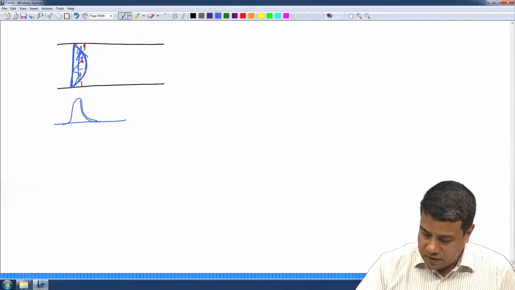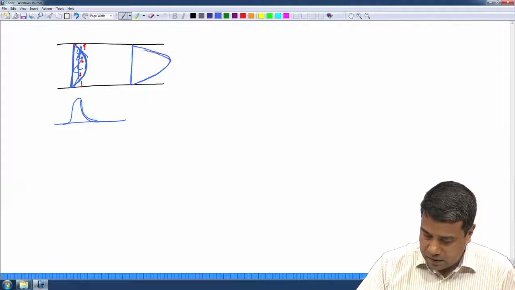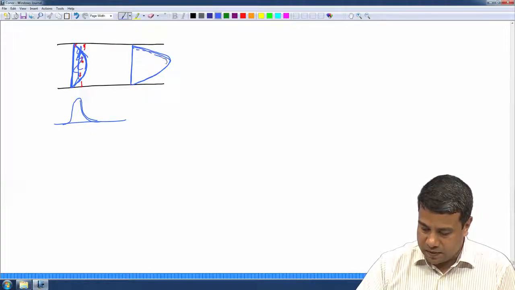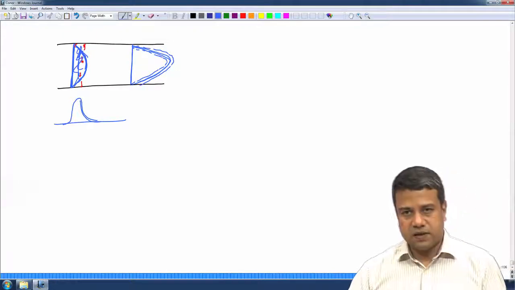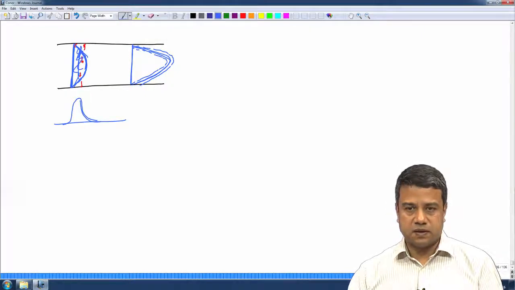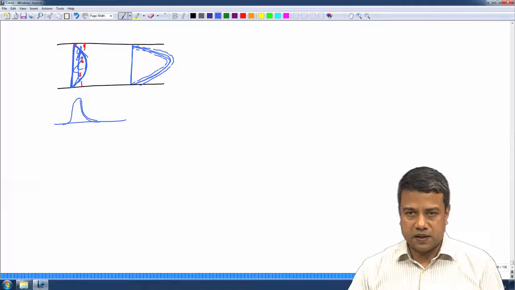Whereas, if diffusion was small, even when it distorts by a large amount, the spreading will be relatively small on either side. If the spreading is relatively small on either side, then the axial dispersion is much larger, because it distorts much larger if the spreading is much smaller on either side.